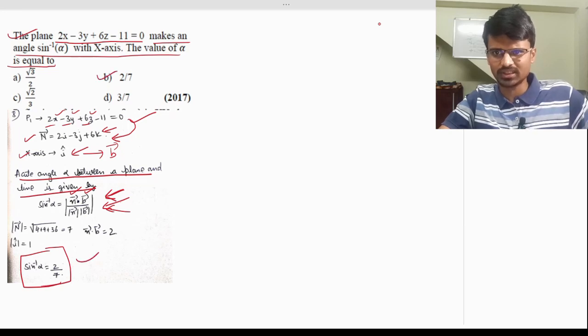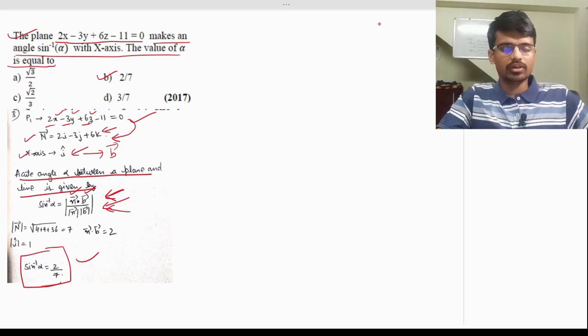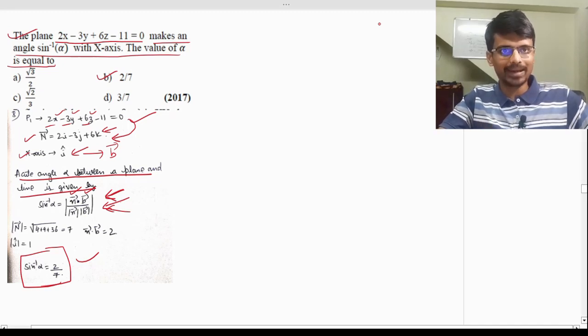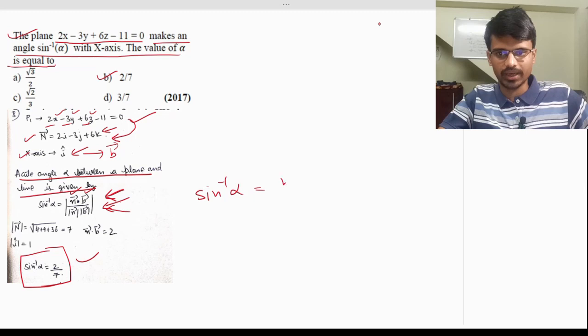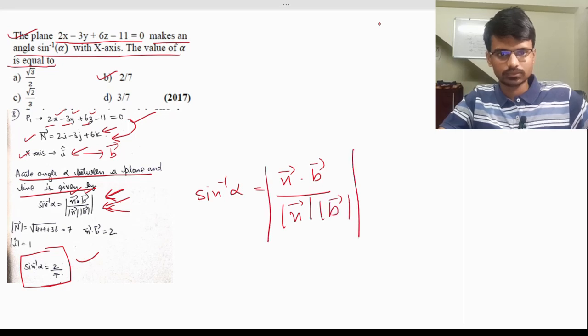So this is a very easy question. All we have to know here is that the acute angle between a plane and a line is given by this formula. Alpha is the acute angle, n dot b. The angle alpha is the angle between the plane and the line.